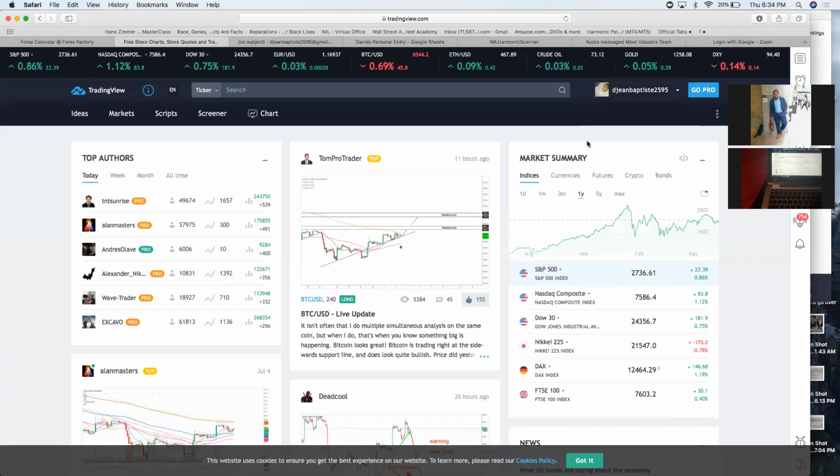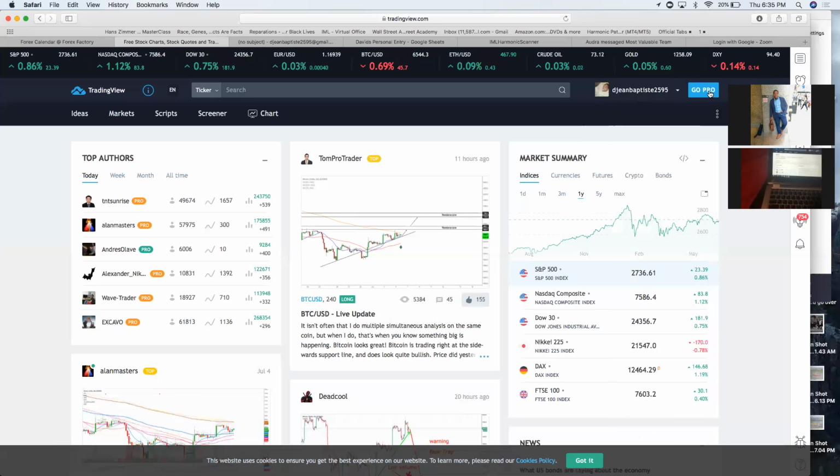For those that don't use as many indicators, you don't necessarily have to go pro. But by upgrading your account, you're able to have alerts on your chart.